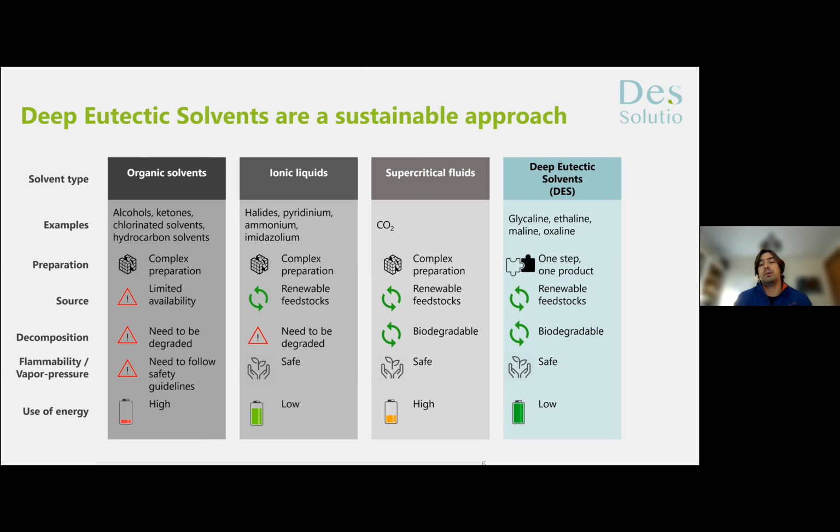Because they are biocompatible, and because some of them even have bioactivity, they can be used directly as a final product, as a final formulation. So we don't need a downstream process to obtain the extract and then formulate it again. This is a big advantage.